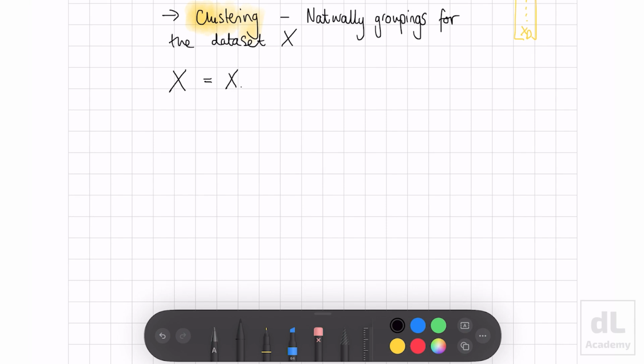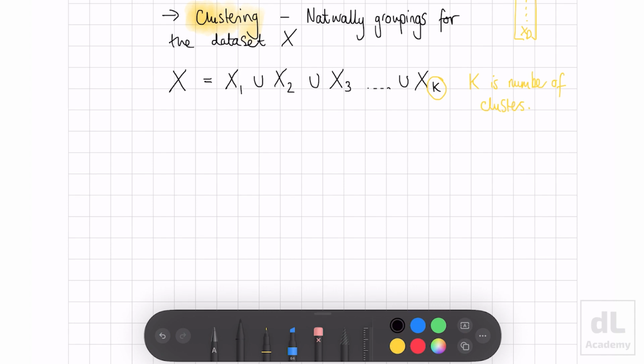So we write this as x1 union x2 union x3, all the way up to union xk. So this is where the k comes in, right? K stands for the number of clusters. So k is the number of clusters.